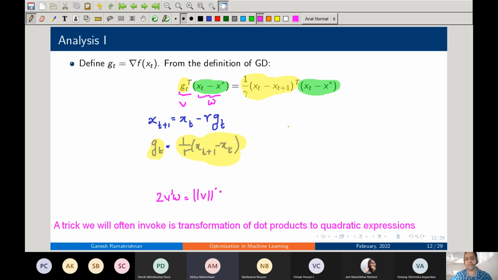Can I write this as norm V squared plus norm W squared, and something in terms of the norm of V and W? Minus the norm of V minus W squared. This is it, right? So this will give a transformation for the left hand side.